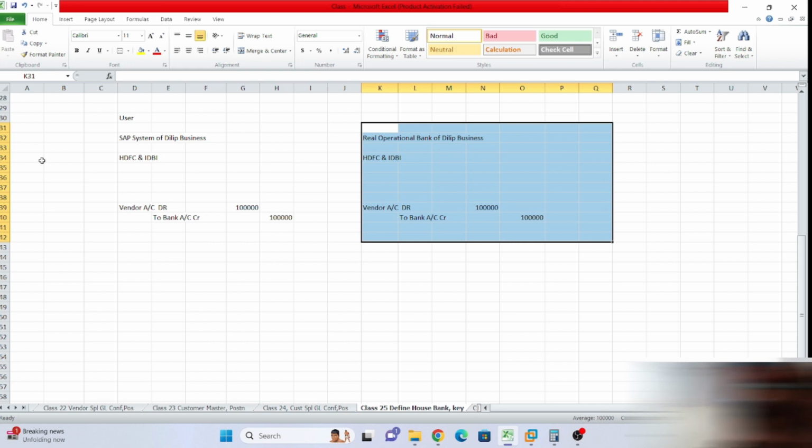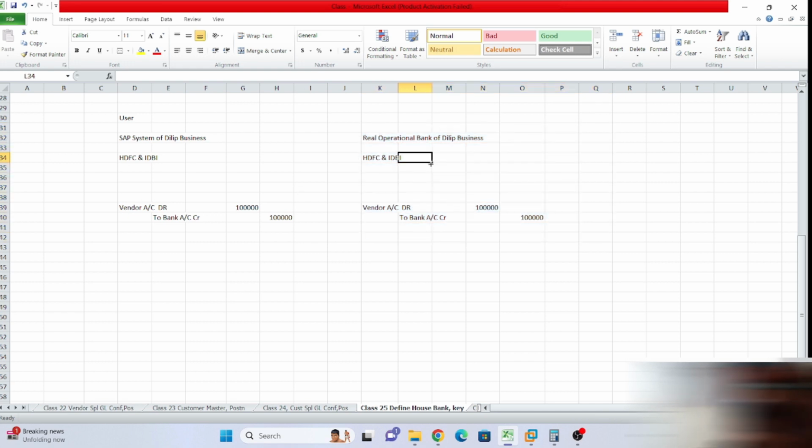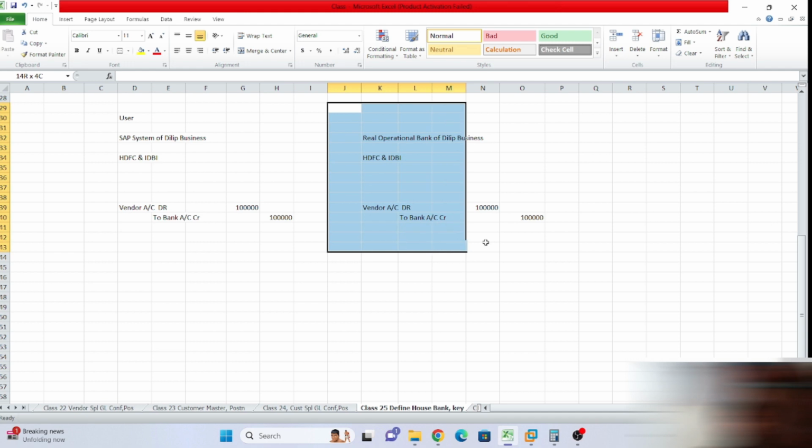No, that will not be deducted. We need to run the payment run. We need to send details to the bank, or someone needs to take those details to the bank, so that it will be through NEFT or wire transfer. After that, the payment will be deducted. But at the time when the posting is being done in the SAP system, the payment will not be deducted from the real operational bank, right?